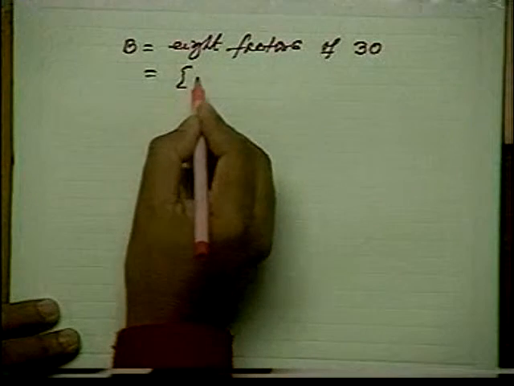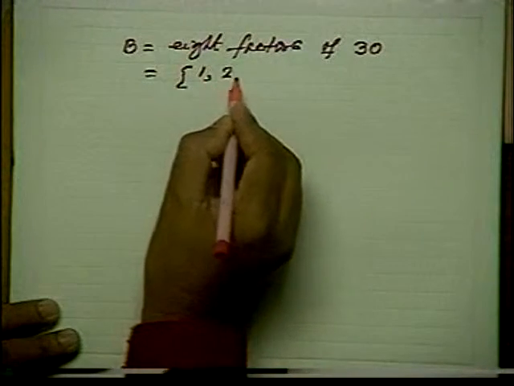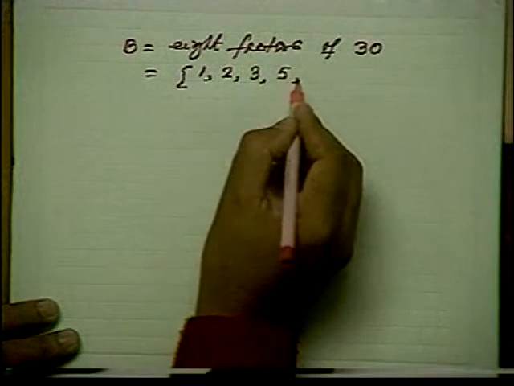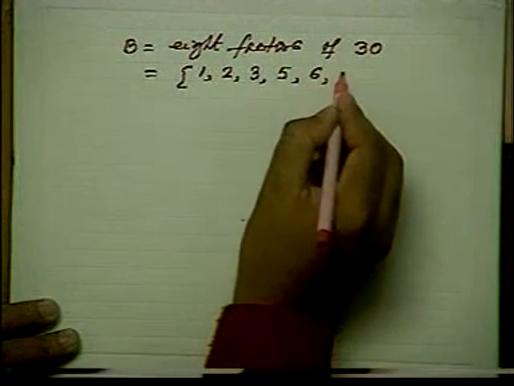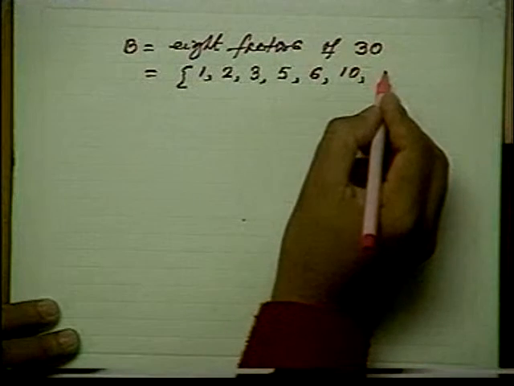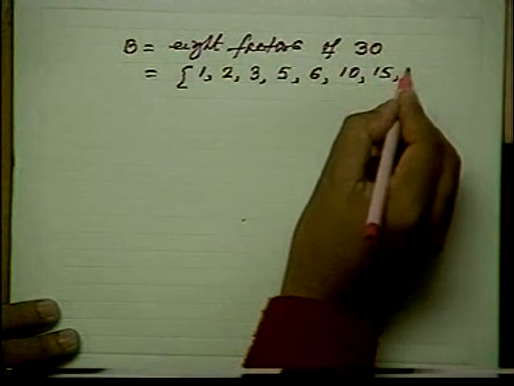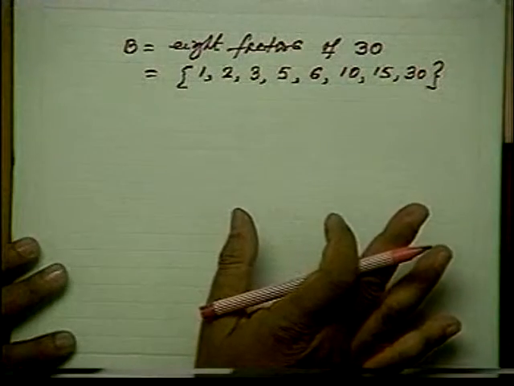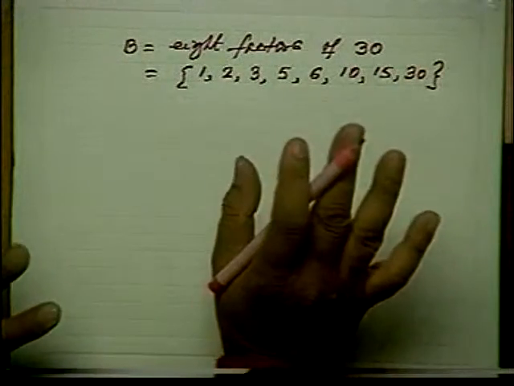They are 1, 2, 3, 5, 6, 10, 15, and 30. These are my 8 factors of 30, and that's my set B.